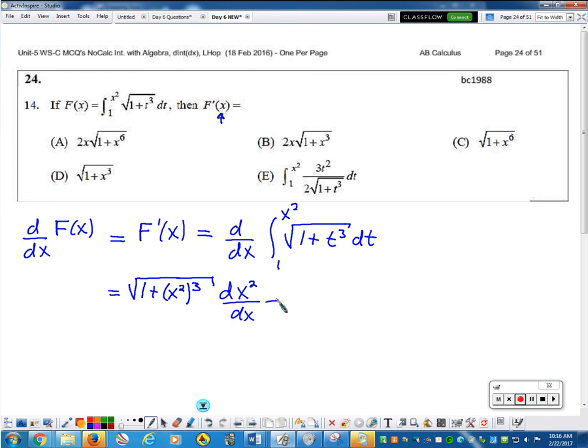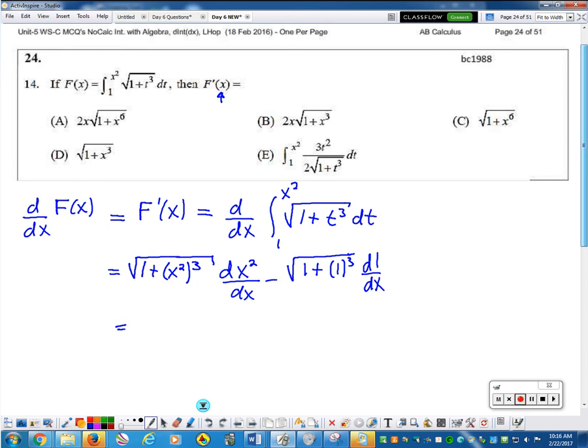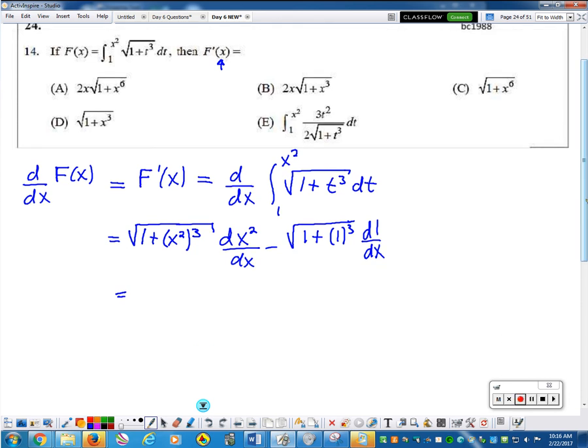Lexi, please. We do minus the square root of 1 plus 1 to the 3rd, and then d1 over 2. That's done. Somebody just clean it up ever so slightly.